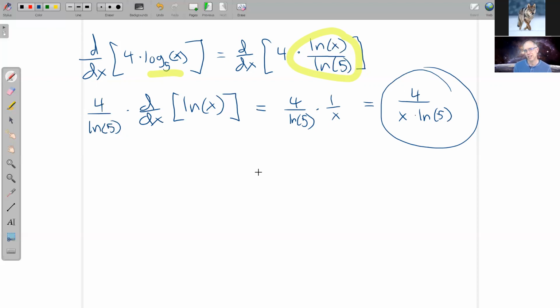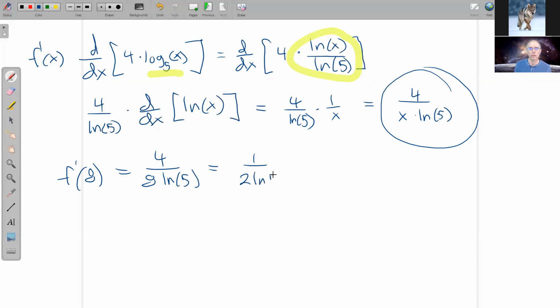Can I use less ink? I don't think so. So then they said plug in 8, so this is my f prime here, so f prime of 8 would just be 4 over 8 natural log of 5, which is 1 over 2 natural log of 5.